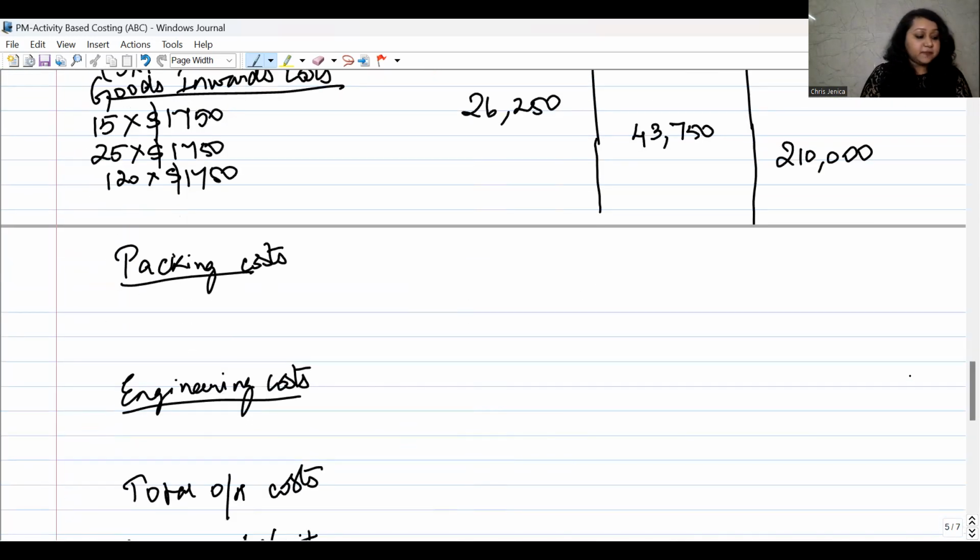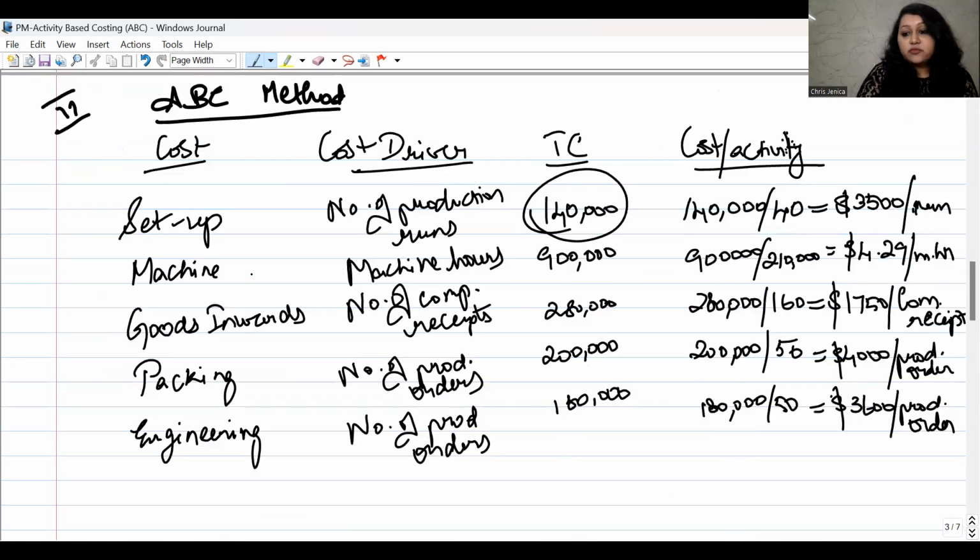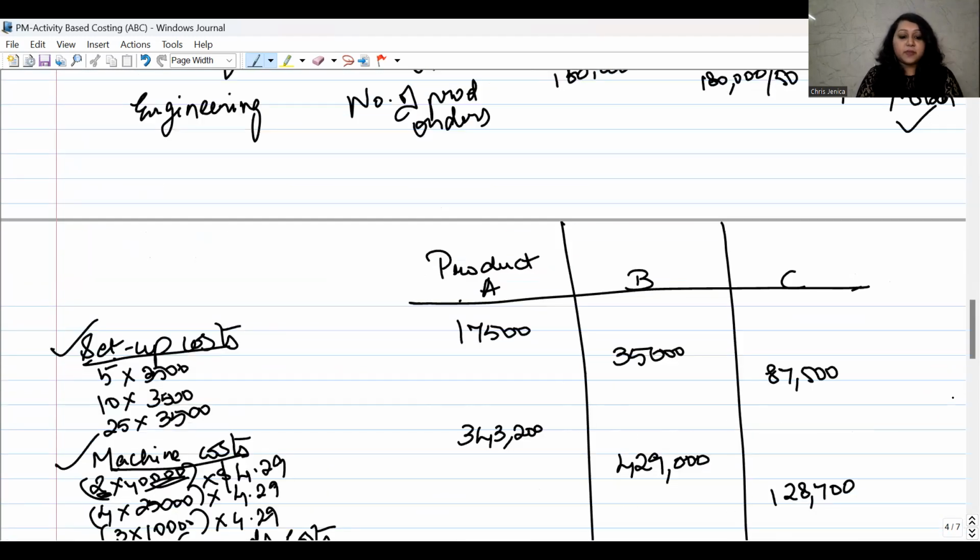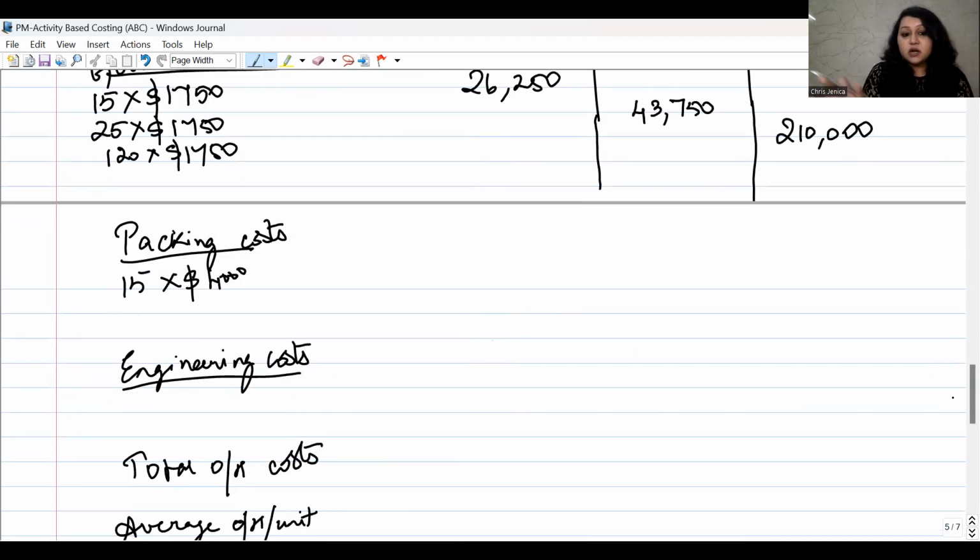Now we will calculate that. For packing, the cost was $4,000 per production order, and for engineering, it was $3,000 per production order. But the number of production orders are not going to differ. So it's 15 into $4,000, 10 into $4,000, and 25 into $4,000.